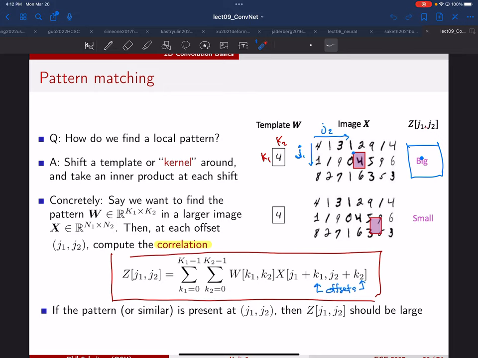And that inner product is done through this summation over indices K1 and K2. K1, K2 index over the locations in the template, as well as indexing the shifts relative to J1 and J2. So J1 plus K1 and J2 plus K2 would be some pixel location inside the box.